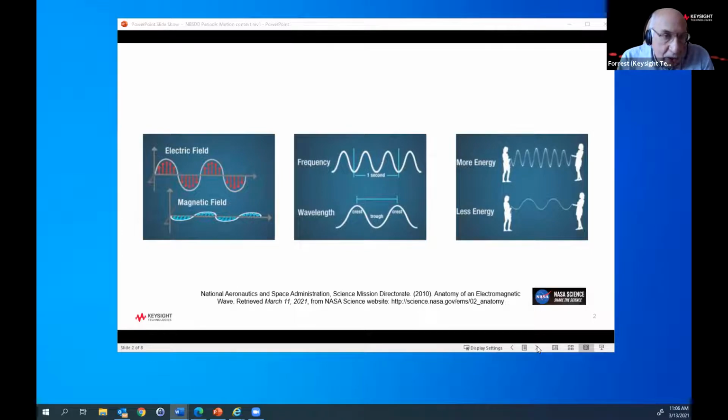We see that an electromagnetic wave can be described as a coupled and changing electric and magnetic field. So that's on the left-hand side.